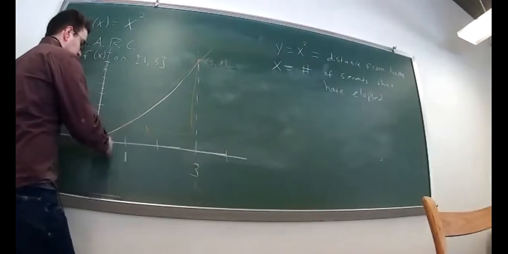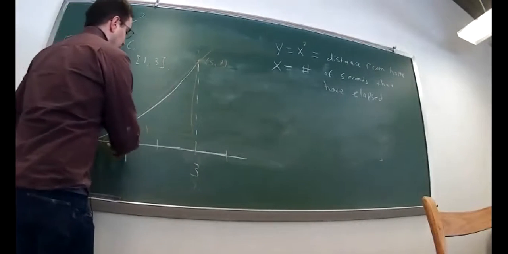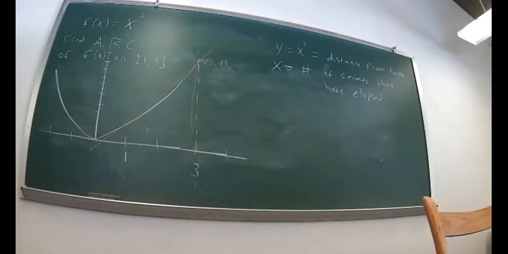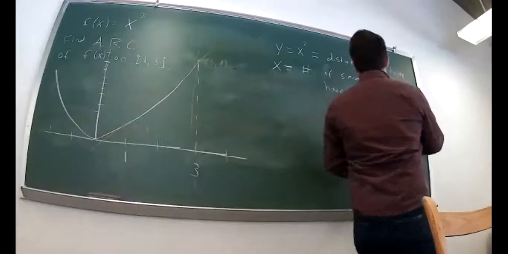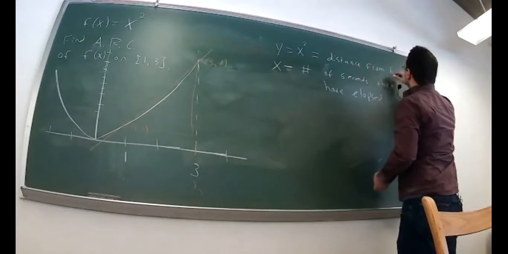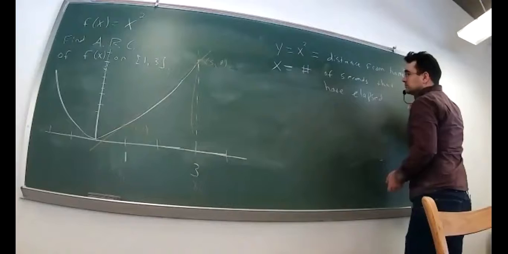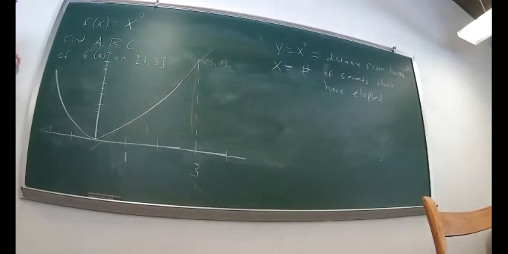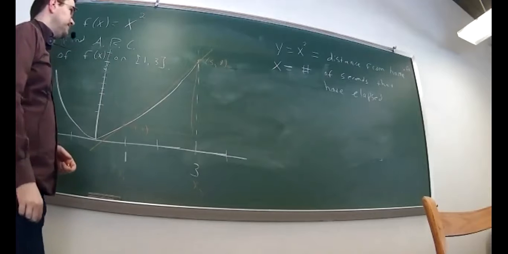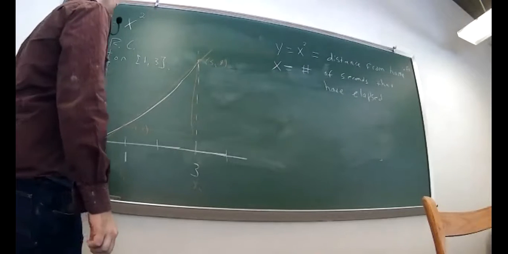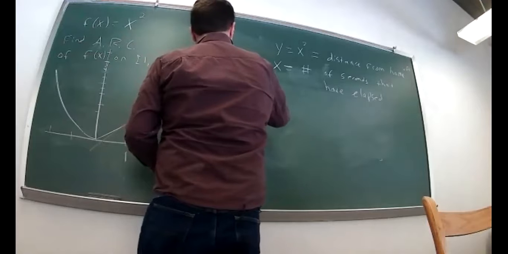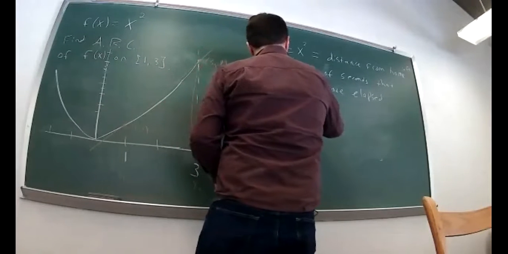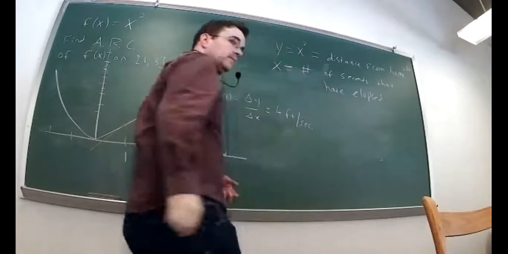And so what we're saying is, if you look at yourself 1 second after you left, and then look at yourself 3 seconds after you left, then if your distance was in feet, you could say your average rate of change, which is like your average speed or average velocity in this case, is 4 feet per second.